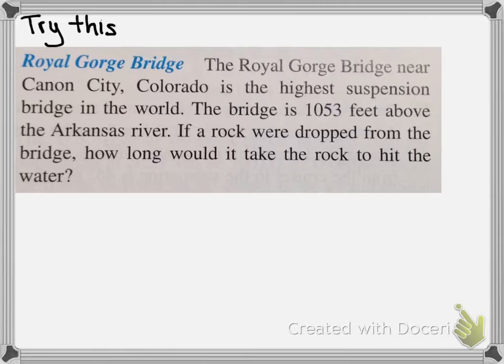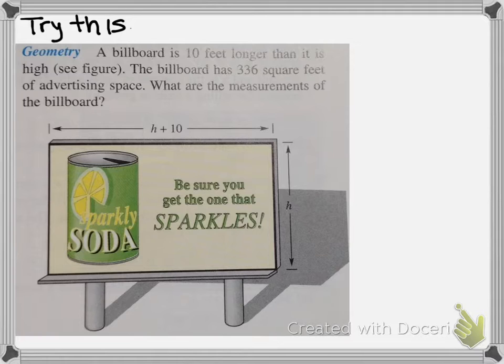Now, I would like you to try this one. If you need help with it, you can work in groups. I will assist you, but I need you to try the situation. All right. After that, I would like you to try this. This is an easier one.